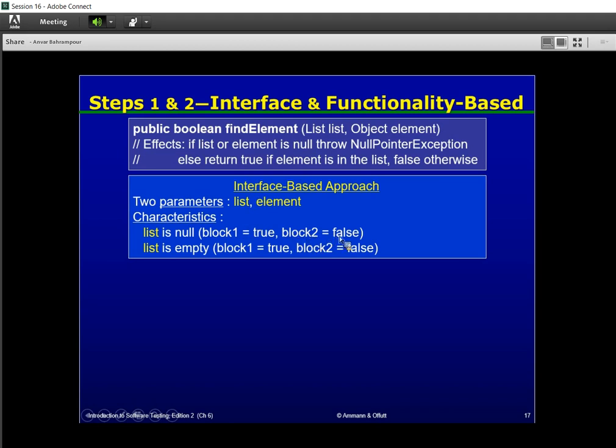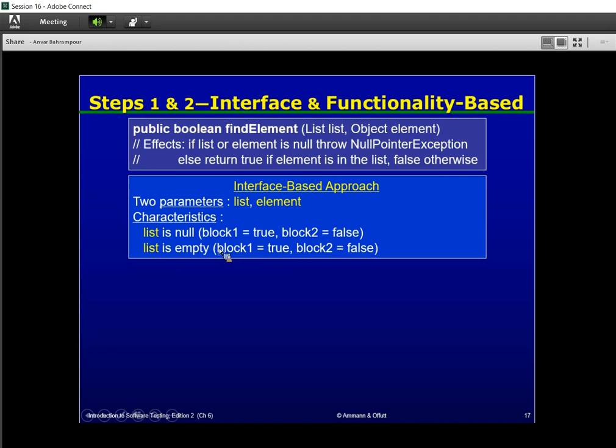But block 2 could have several instances of lists which are not null. So by this characteristic, we could partition our domain into two blocks. The second characteristic that could be considered in this approach is the empty characteristic.